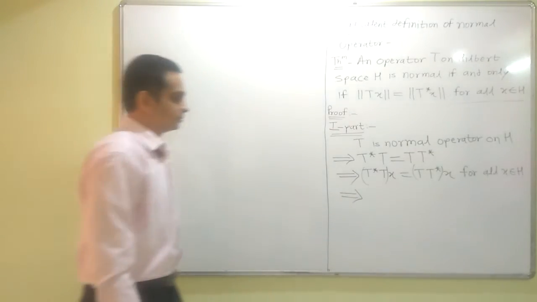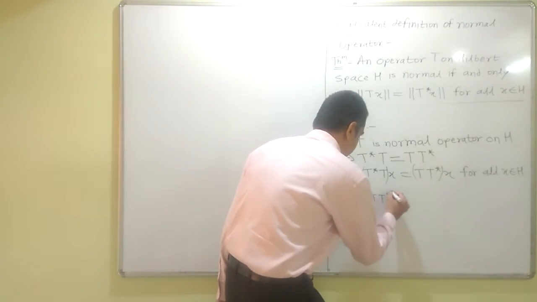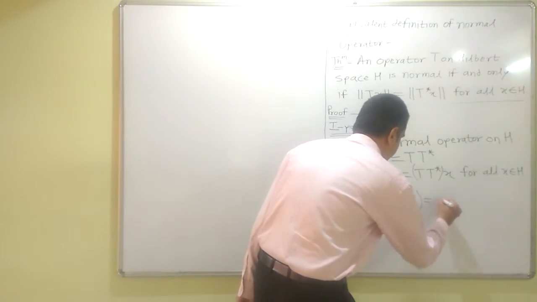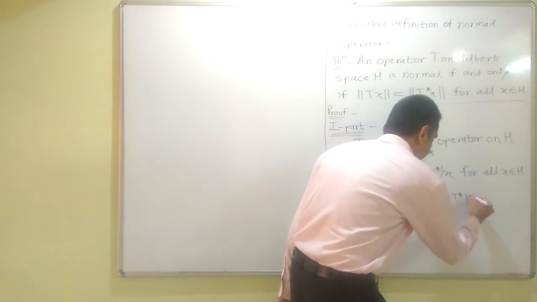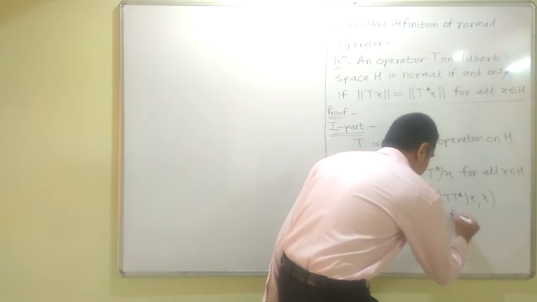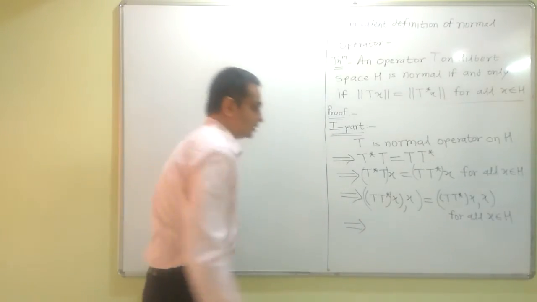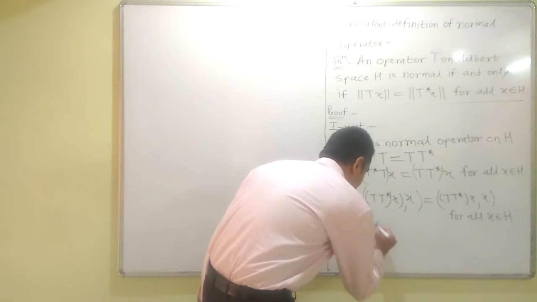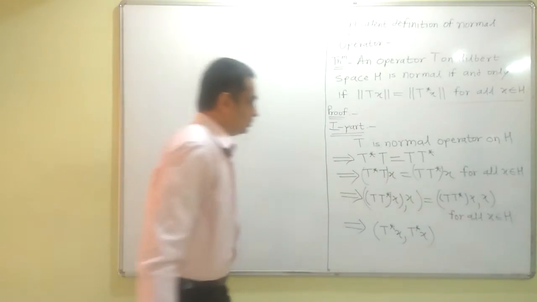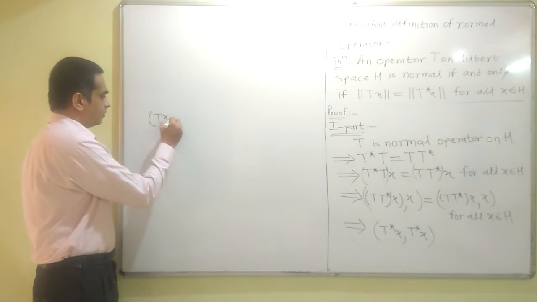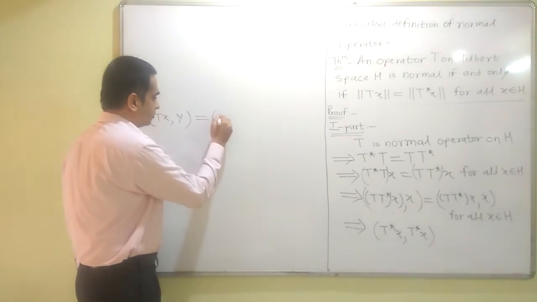This implies that inner product of T star Tx with x is equal to inner product of T T star x with x for all x belongs to H. In this section, you just have to remember one property of adjoint, that inner product of Tx and y is equal to inner product of x and T star y.